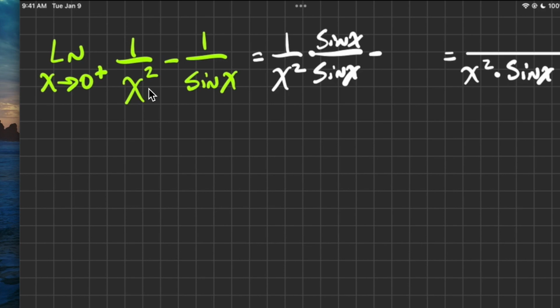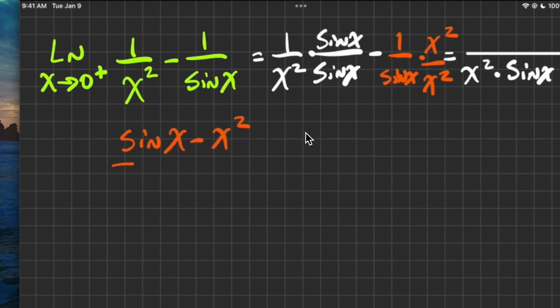Then, for the next term, how do we get x squared sine x in the denominator? We take the original 1 over sine of x and multiply it by 1 in the form of x squared over x squared. So now all we need to do is simplify these numerators. So in our numerator, we're going to have sine of x minus x squared all over x squared times sine of x.